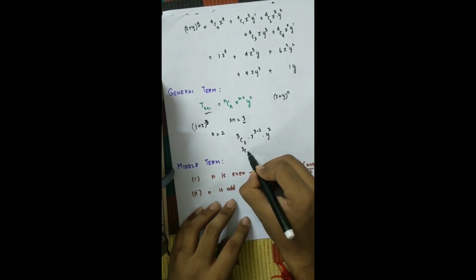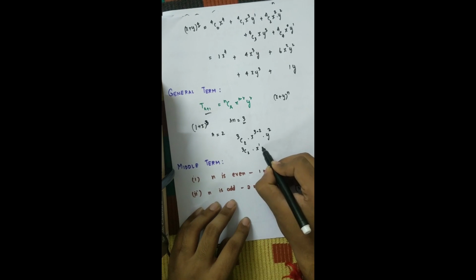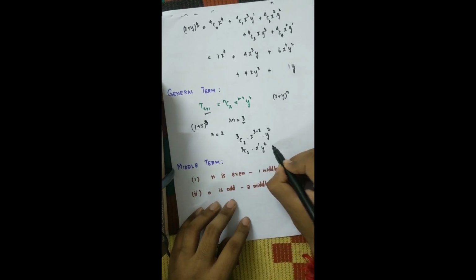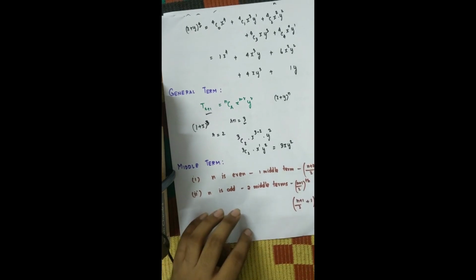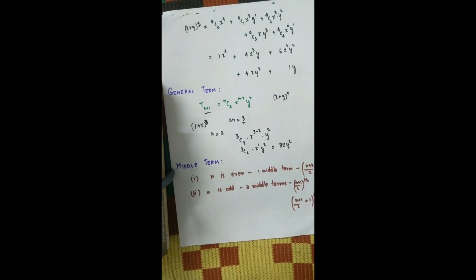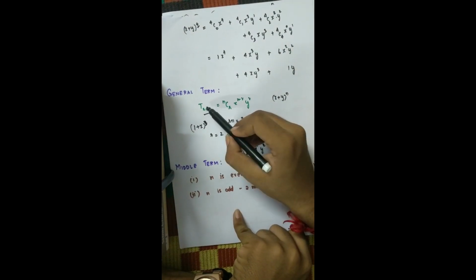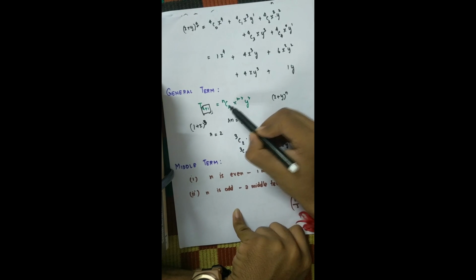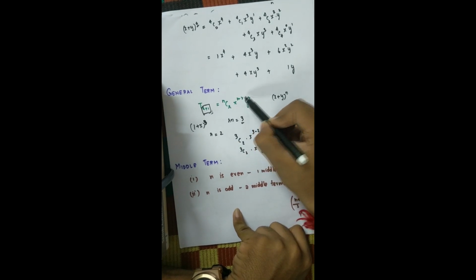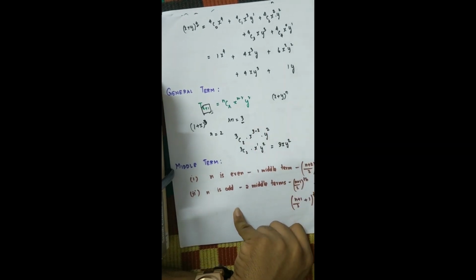So this is going to be 3C2 into x power 1 into y squared, which is nothing but 3xy squared. So this is how it works. I'd like you to know that this is the (r plus 1)th term, not the rth term. So the (r plus 1)th term is going to be nCr into x power n minus r into y power r.